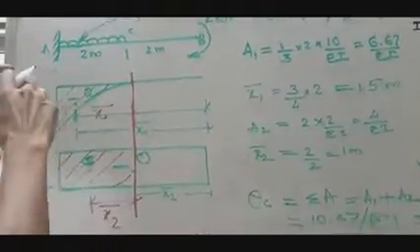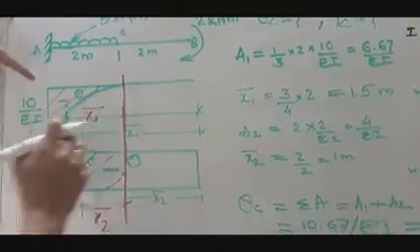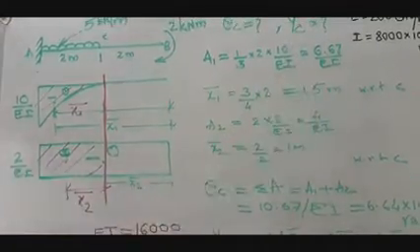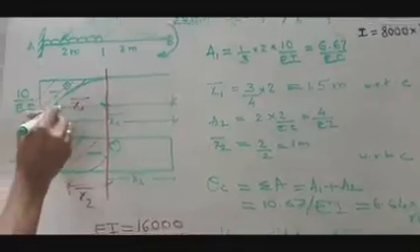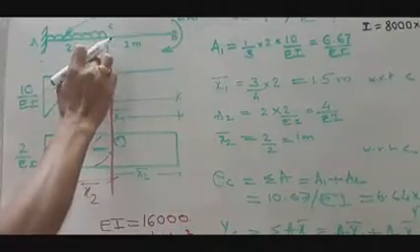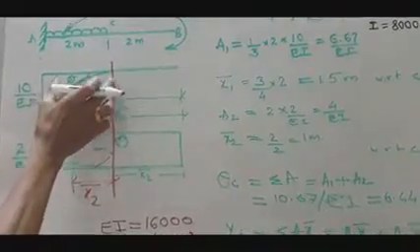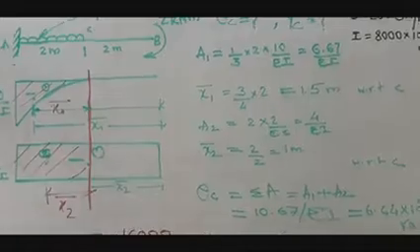It is 1/3 of this rectangle, that is 1/3 into 2 into 10, which gives you 6.67 divided by EI. Now you have to calculate the x1 bar with respect to C, because we are calculating the deflection at C. This is 3/4 of the base, that is 3/4 of 2, which comes to 1.5 meter.